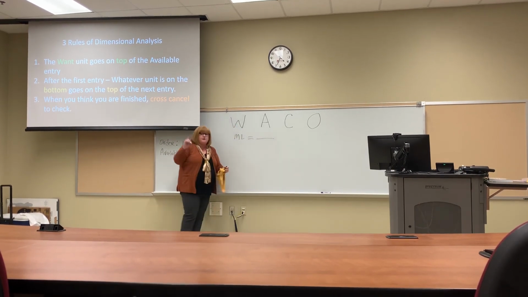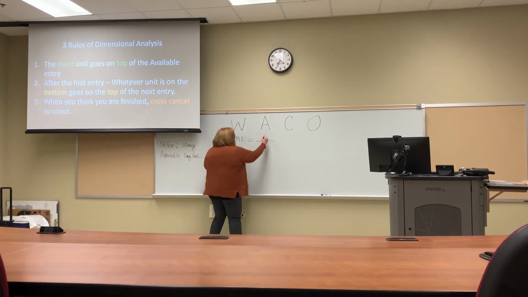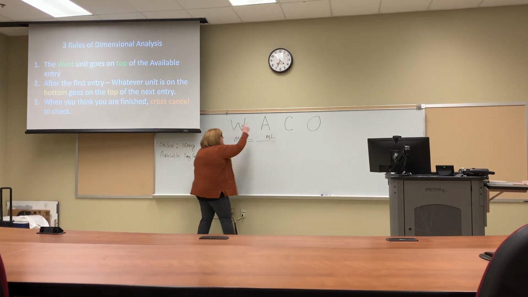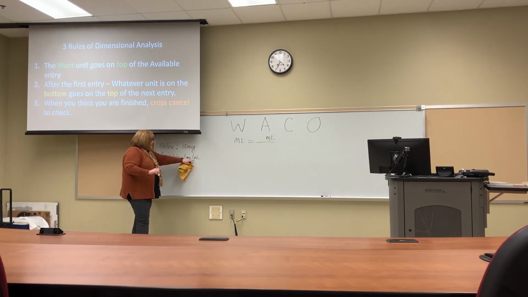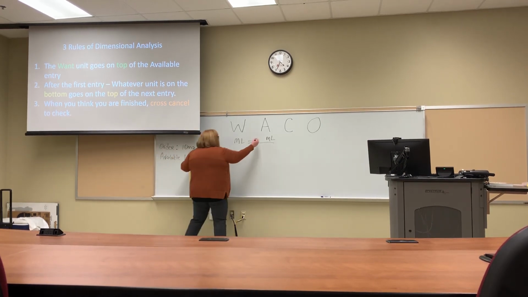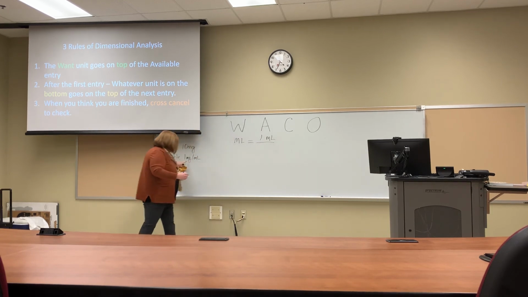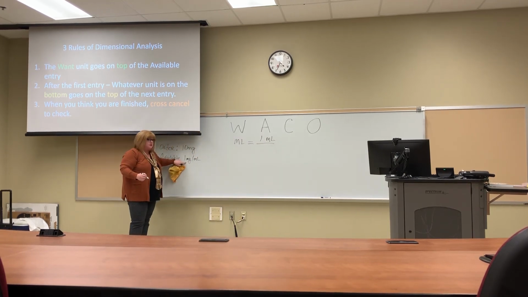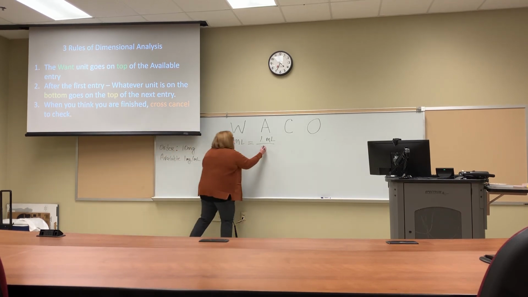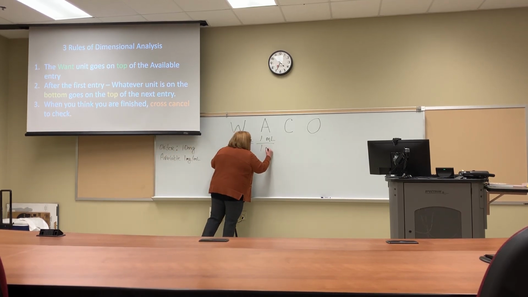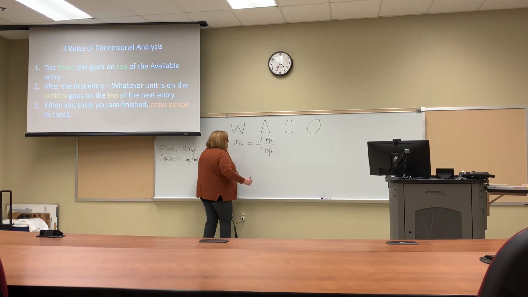So remembering our first rule, we put milliliters here. And we look for our available. Our available is right here. And it's 1 milliliter. Even though we often see the milligrams first, we know we've got to put it this way because of our rules. 1 milliliter, 1 milligram.